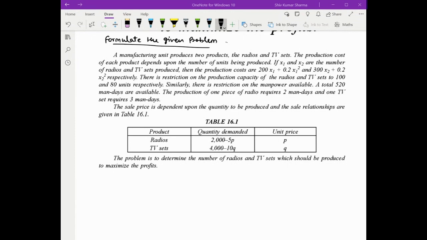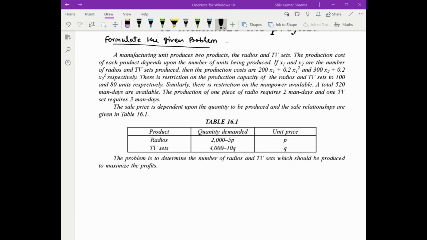A total of 520 man days are available. The production of one piece of radio requires 2 man days, and one TV set requires 3 man days. The sale price is dependent upon the quantity produced and sold. The relationship is given in this table.